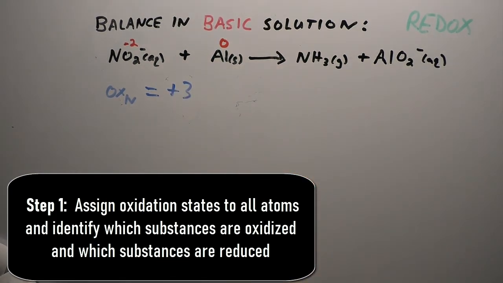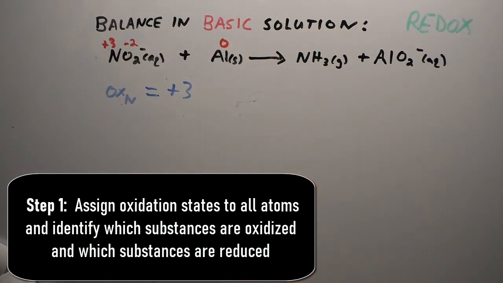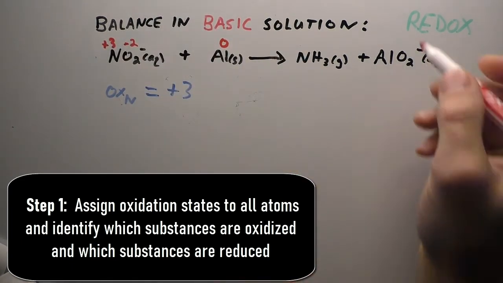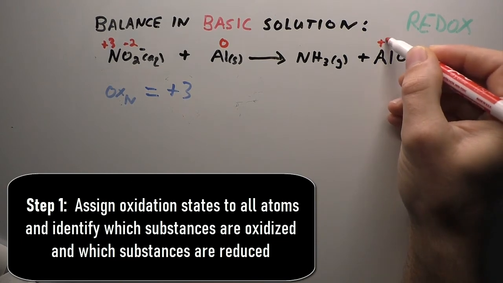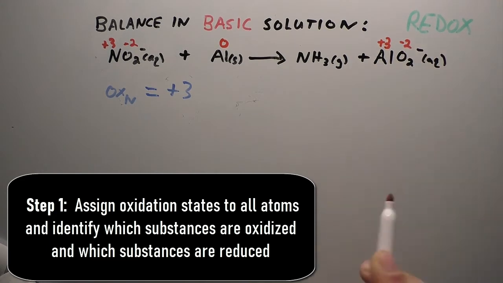So we've just figured out that the oxidation state of nitrogen is +3. Applying the same logic also gives an oxidation state of +3 to the aluminum in the aluminate ion. The oxidation state of oxygen is also -2, just as it was in the nitrite ion.